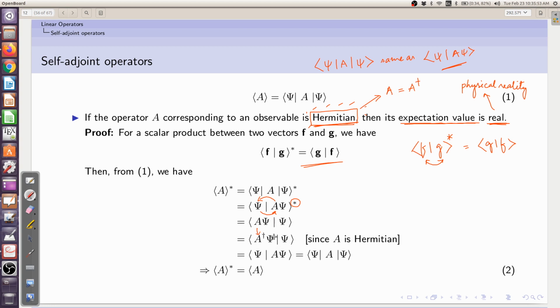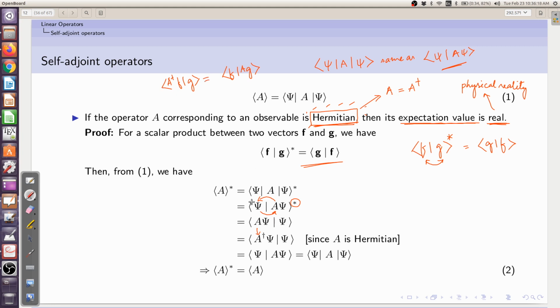Now the moment I replace A with A dagger, again go back to the definition of an adjoint. What is the definition of adjoint? We saw some time back. Suppose I have an operator A, and it operates on g, and then on this side we have some vector f. Then its adjoint is such that you can operate the dagger, that adjoint, on the left member, leaving the right member the same.